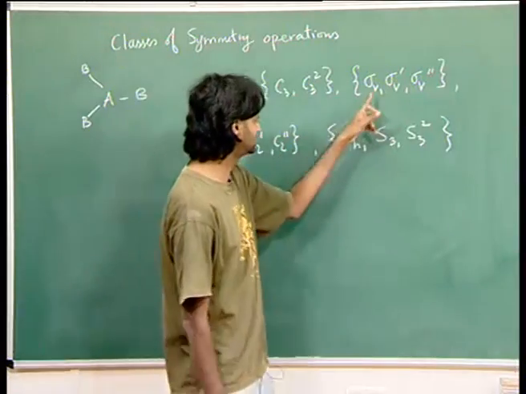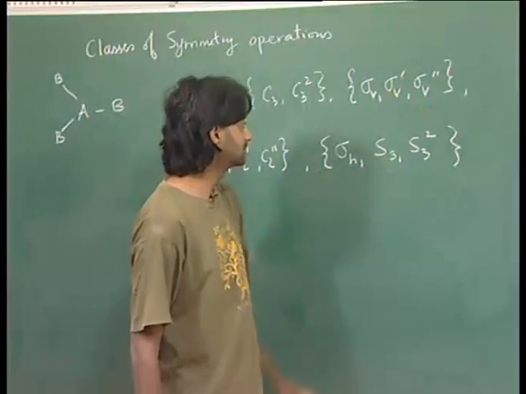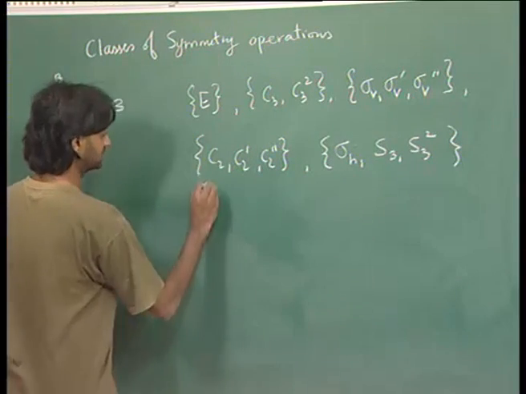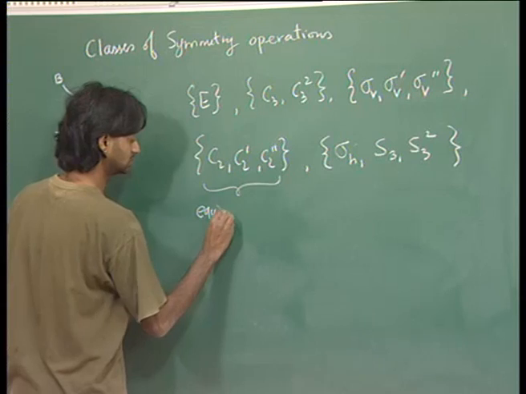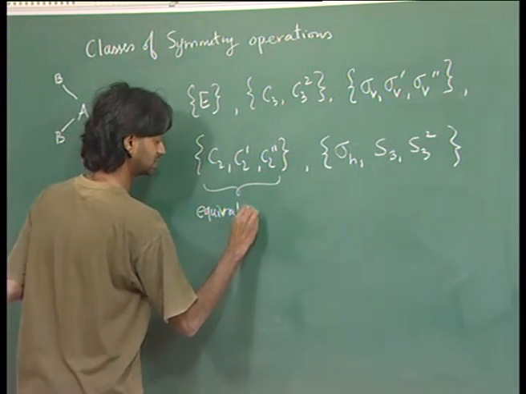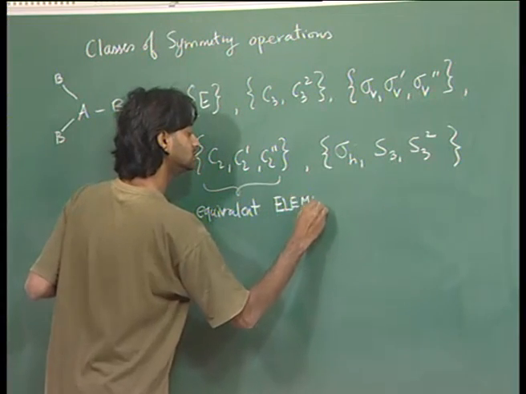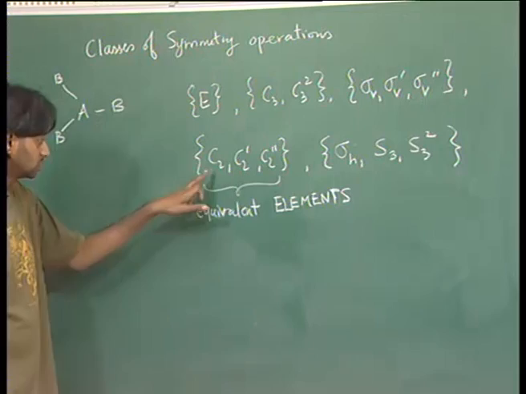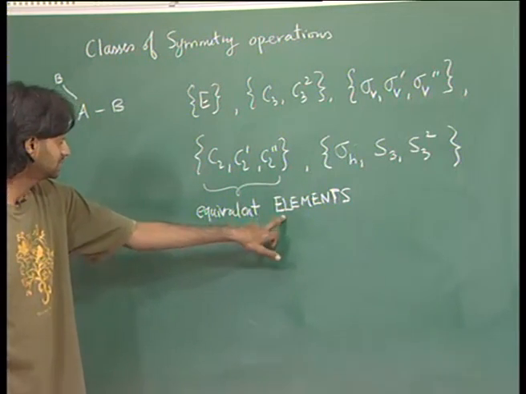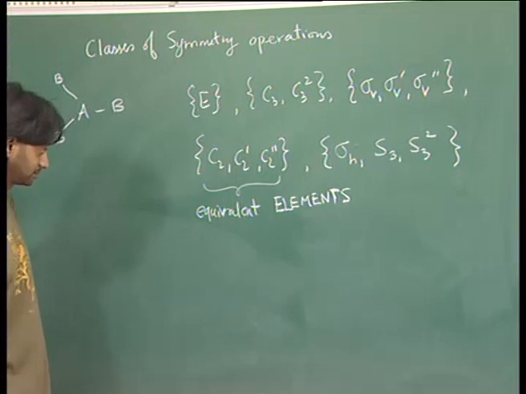Similarly, the symmetry elements sigma v prime and sigma v double prime are equivalent elements. So there must be some connection between them, equivalent elements. So these three are equivalent elements, and these three operations lie in the same class.